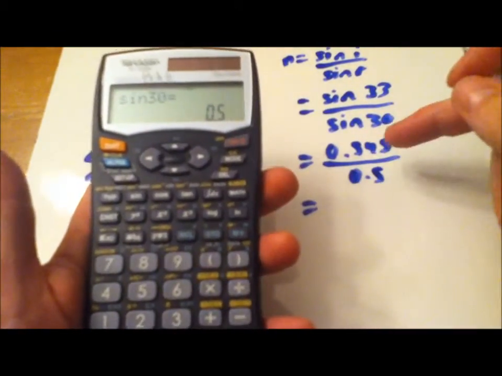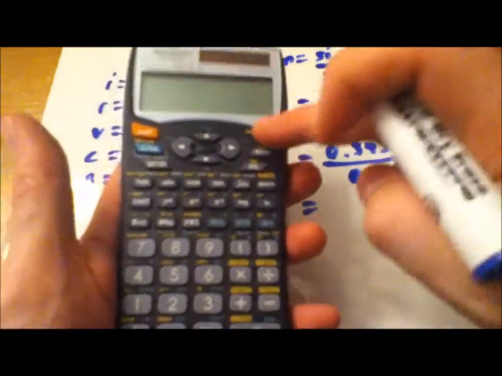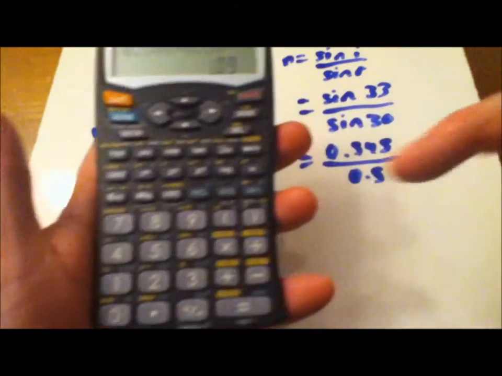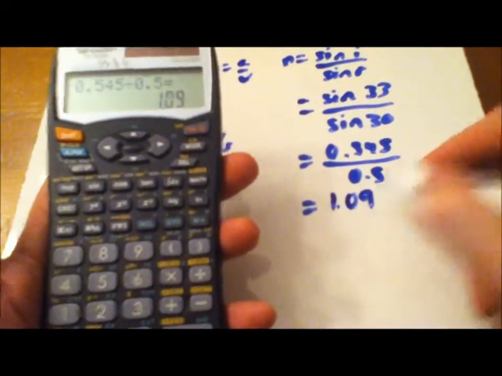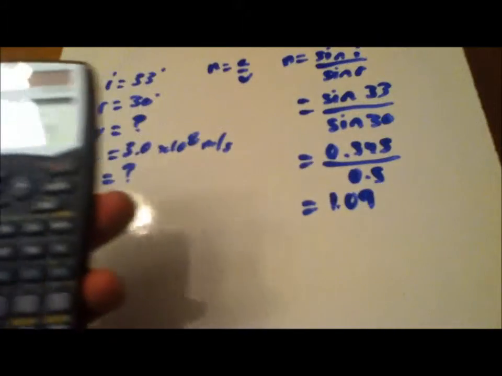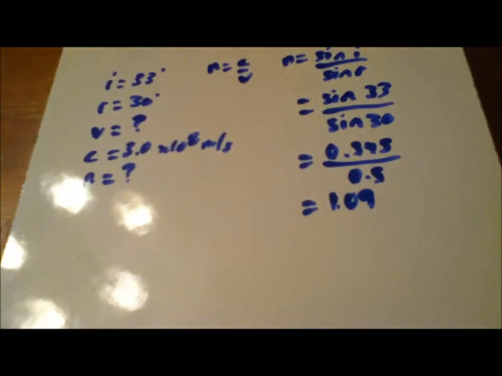So 0.545 divided by 0.5, and we get an answer of 1.09. So we know now that the index of refraction for this particular substance is 1.09.